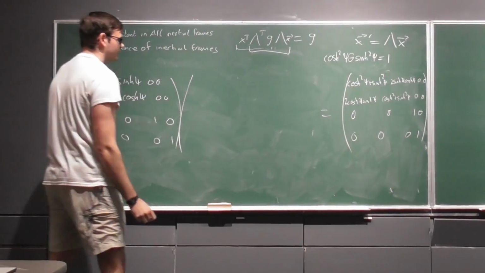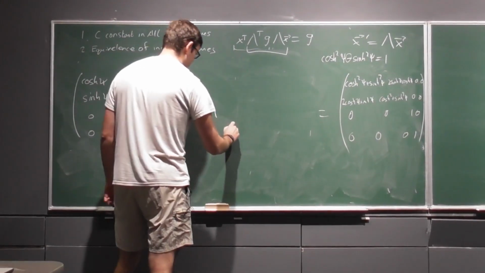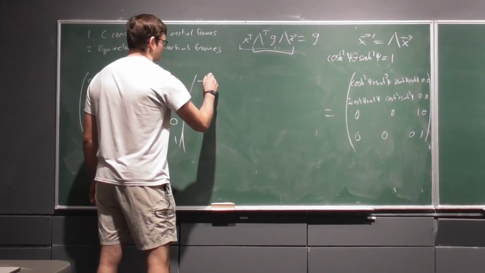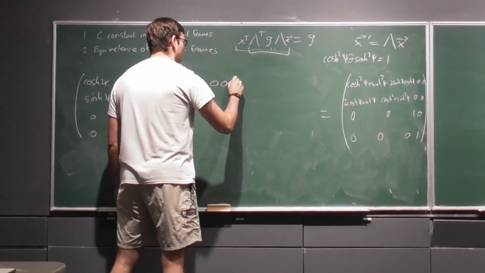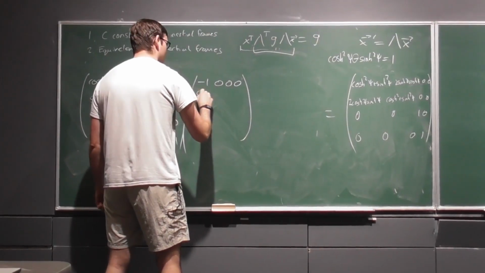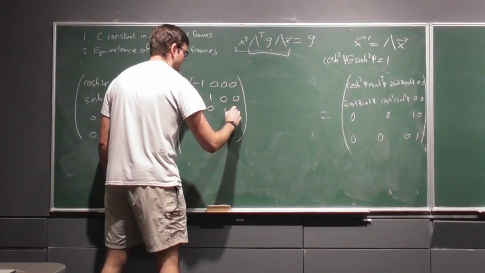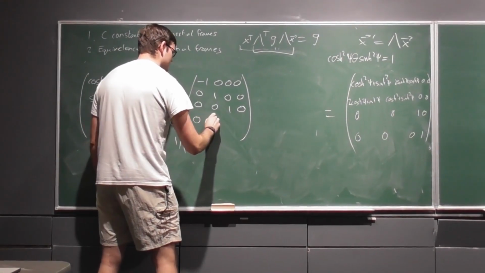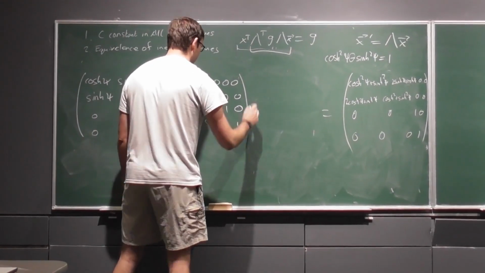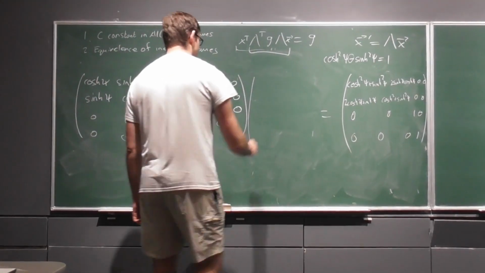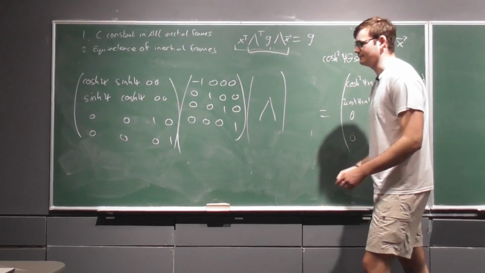Okay, what if instead of 1, 1, 1, so this is going to be 1, 1, 1, I made it with a minus in the first component. Now the rest of the matrix is still going to be an identity. The spatial bits will all have our 1, 1, 1. And then this is the same matrix again, I'm not going to write it out, the lambda.